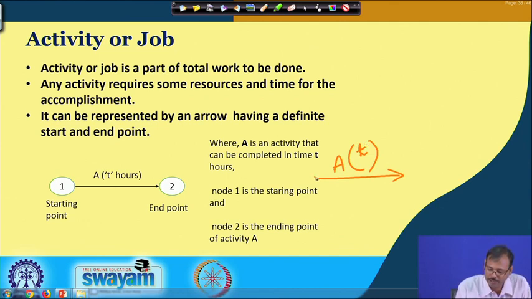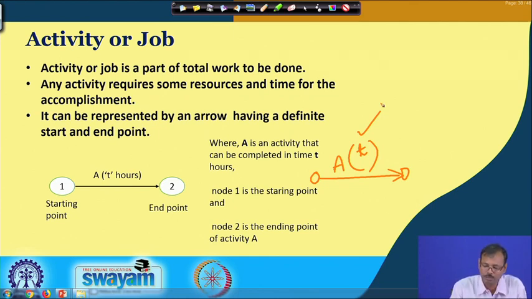The activity has a starting point and an ending point. That means the Ghaziabad to Delhi journey activity has the starting point at Ghaziabad as 0, and the ending point at Delhi as x. So this journey from Ghaziabad to x is carried out in a time t if it is through car.